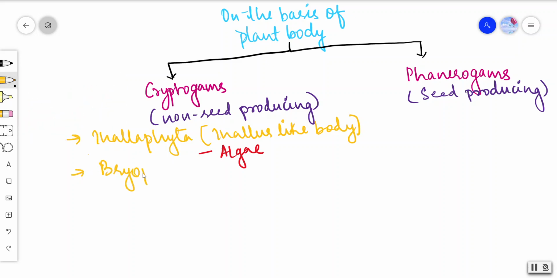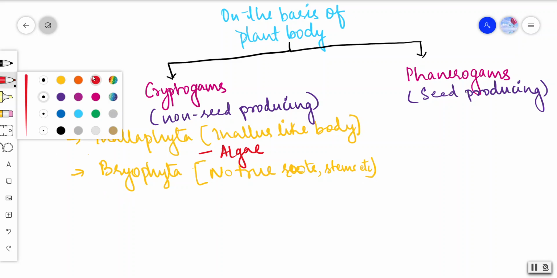bryophyta. We have already written this in the previous classification as well, right? Which is on the basis of vascular tissues. They do not have vascular tissues. They also do not have true roots, stem, etc. An example of this, tell me.